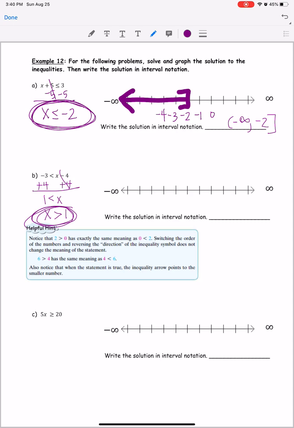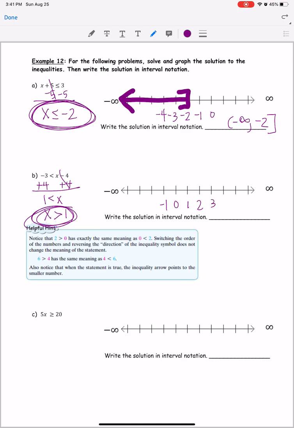Why that's important is because we're using this as a way to tell me which way to shade. So when I have 1, 2, 3, 0, -1, if I use this first one, it tells me to shade this way, but that's not true. We need to shade it this way here.